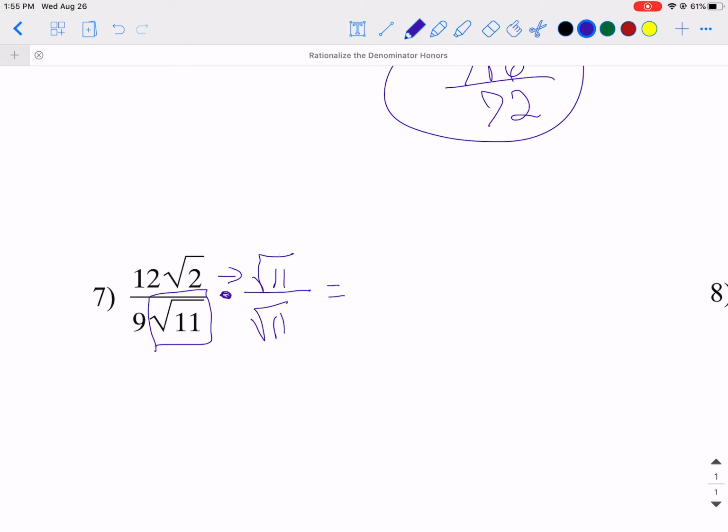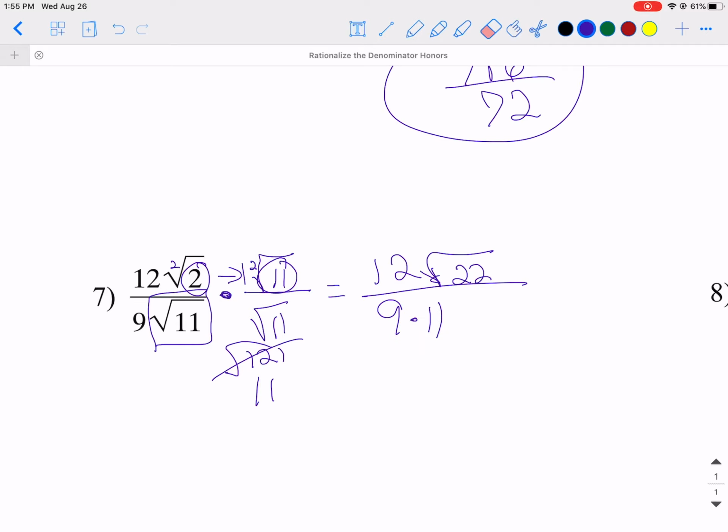Now, multiplying straight across, remember the outside numbers, you multiply for 12, the inside 2 times 11, which is 22. I can multiply those together because my indexes are the same. Then on the bottom, I know that radical 11 times a radical 11 is radical 121, or just 11. So I've got 9 times 11 on the bottom, and 9 times 11 is 99.